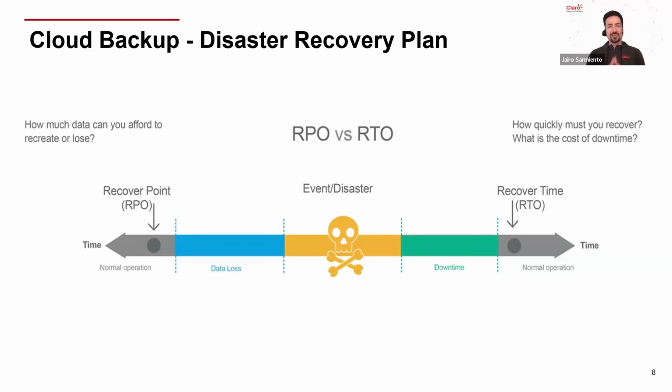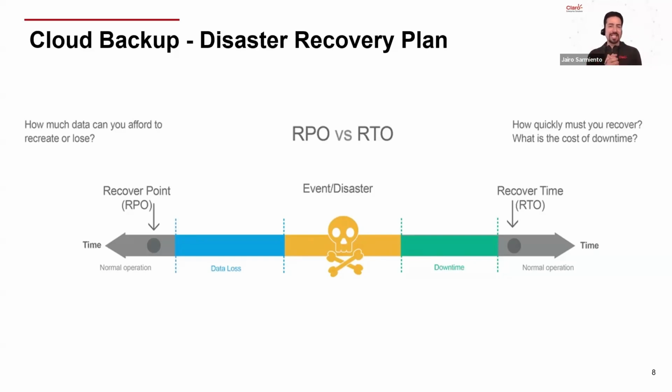That's also when meeting the RPOs and RTOs in your disaster recovery plan comes in handy. Some of you are going to ask, what is an RPO or an RTO, right? So basically an RPO is a recovery point objective, so it's basically the amount of time that it takes to recover critical systems and data after a disaster, right?